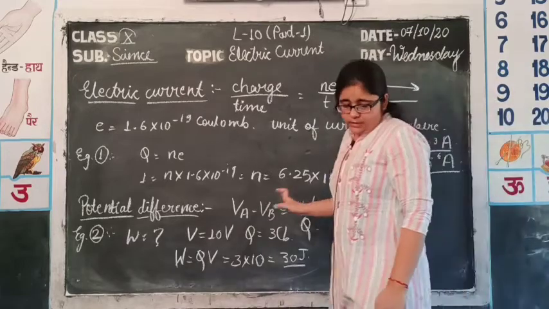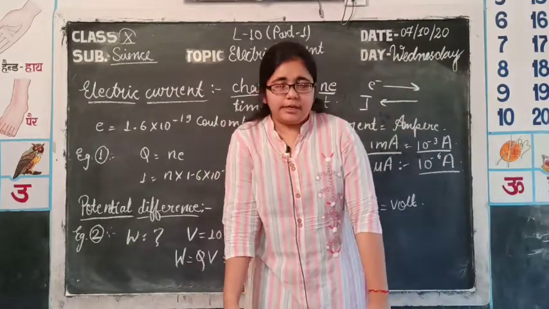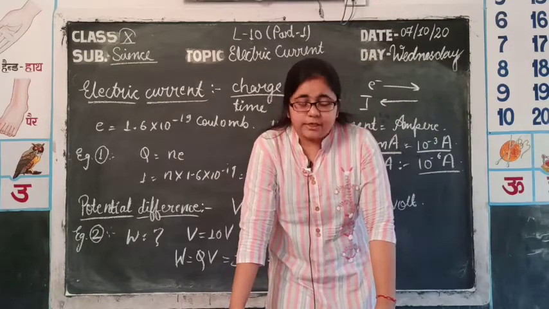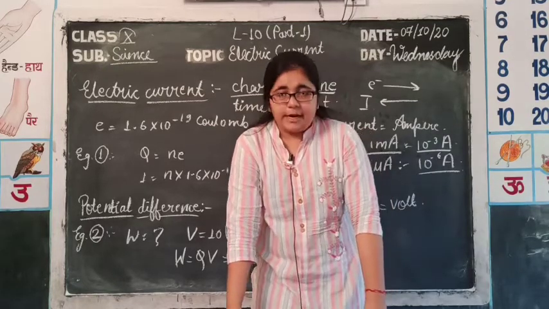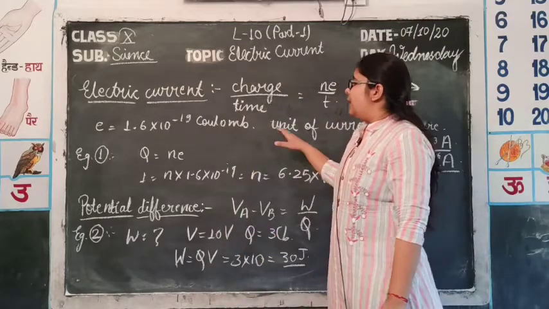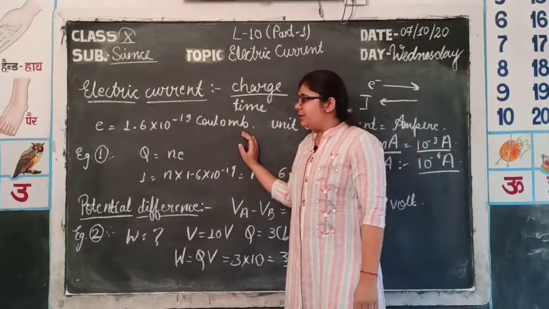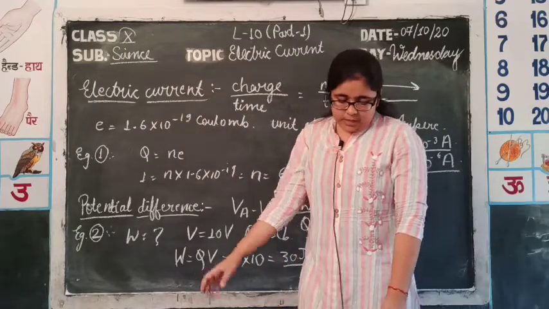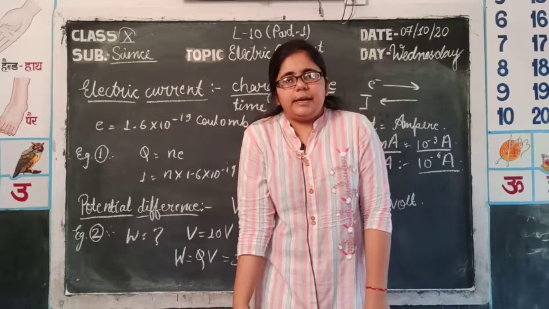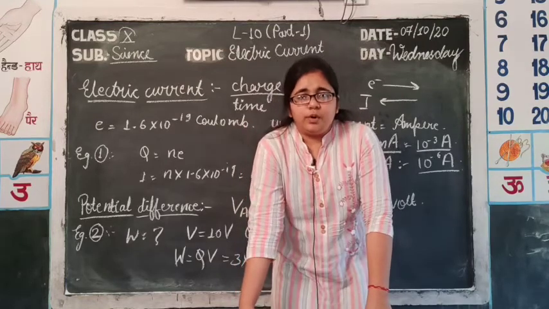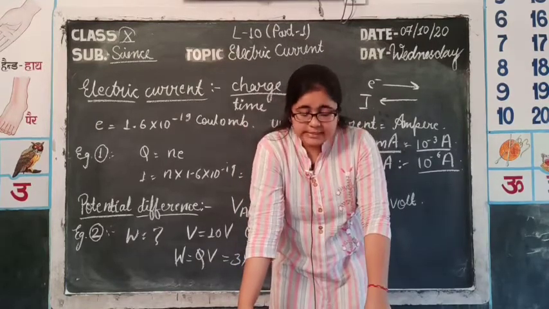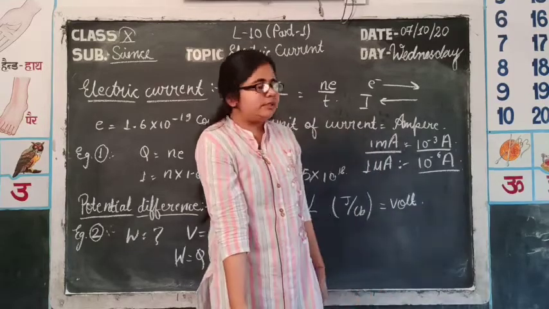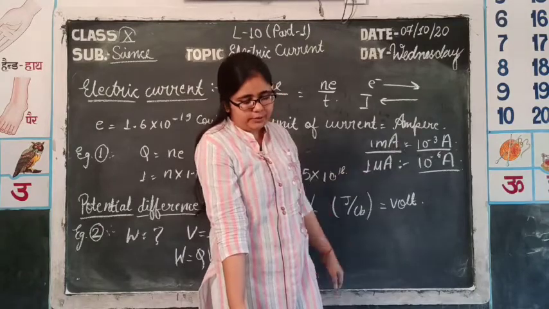So, this was about the charge, current and time, and you can relate that electric current is equal to charge per unit time, and the value of e, that is the charge of one electron, is 1.6 into 10 to the power minus 19 coulomb. Now, the definition of 1 ampere is the flow of 1 coulomb charge in 1 second, that is 1 ampere. And I have told you the smaller units, 1 milliampere and 1 microampere.